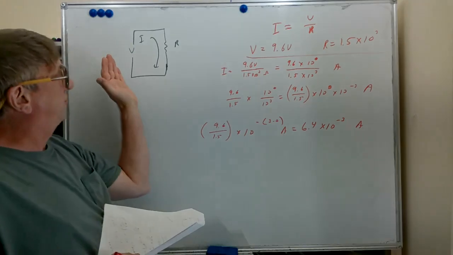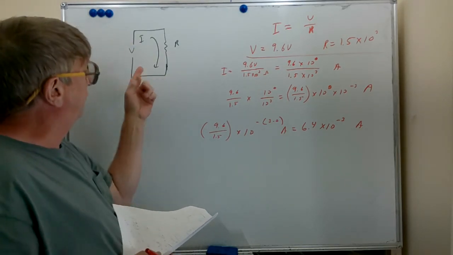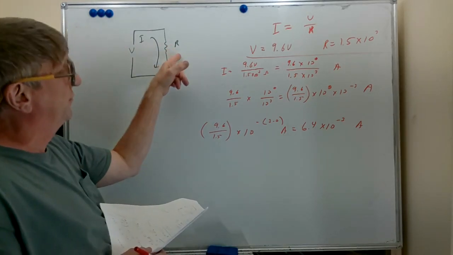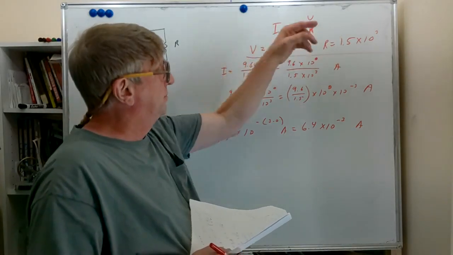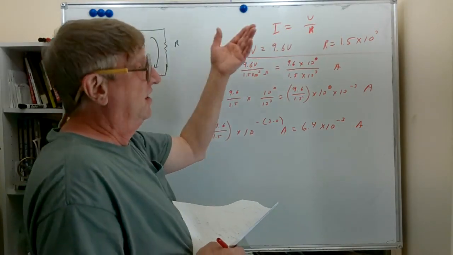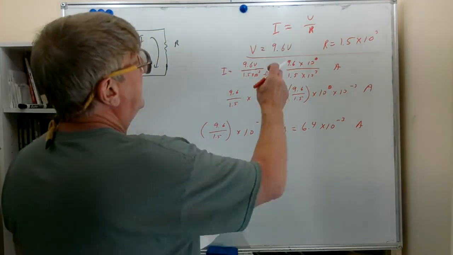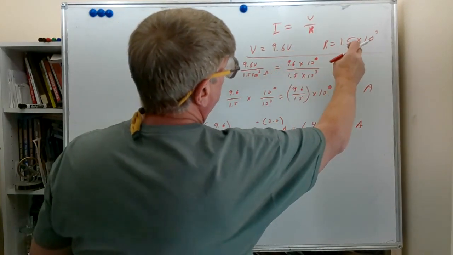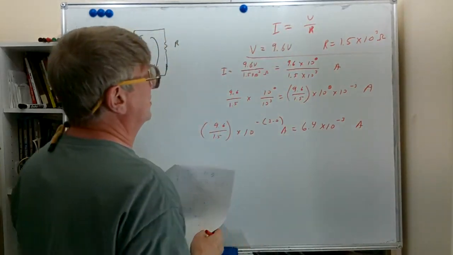So we've used this simple little series circuit, a voltage source and a resistor. This was the symbol for the resistor. We've used Ohm's law, which is the mathematical relationship between voltage, current, and resistance in an electric circuit. We were given values of voltage, 9.6 volts, and resistance, 1.5 times 10 to the third ohms.